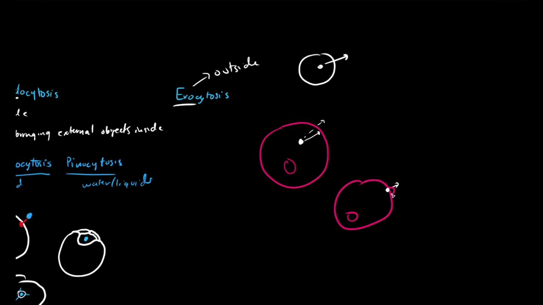Now this object is in the very corner, and it's pushing out, it's creating a sort of bump. And then what happens in the cell is that this object now is enclosed within its own little vesicle. And of course, this vesicle detaches from the cell, goes external from the cell, and then releases this object. This object is now free outside of the cell.